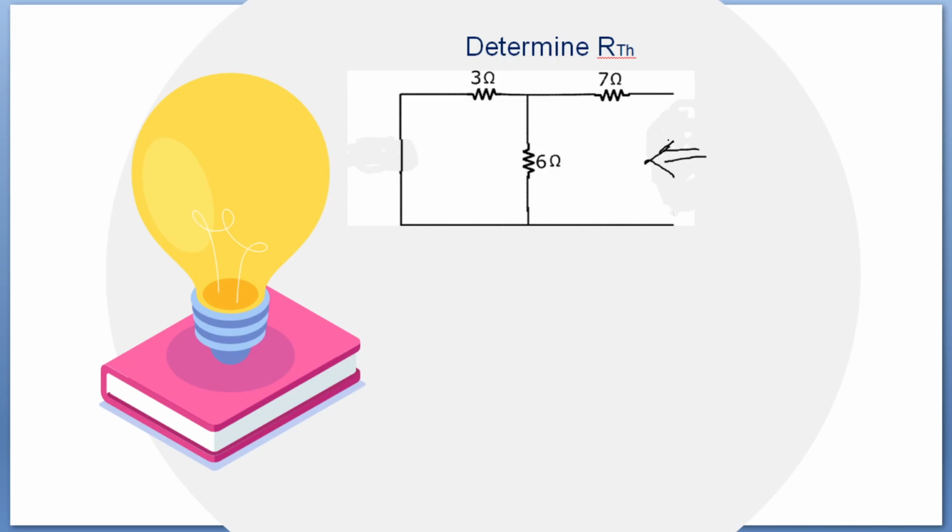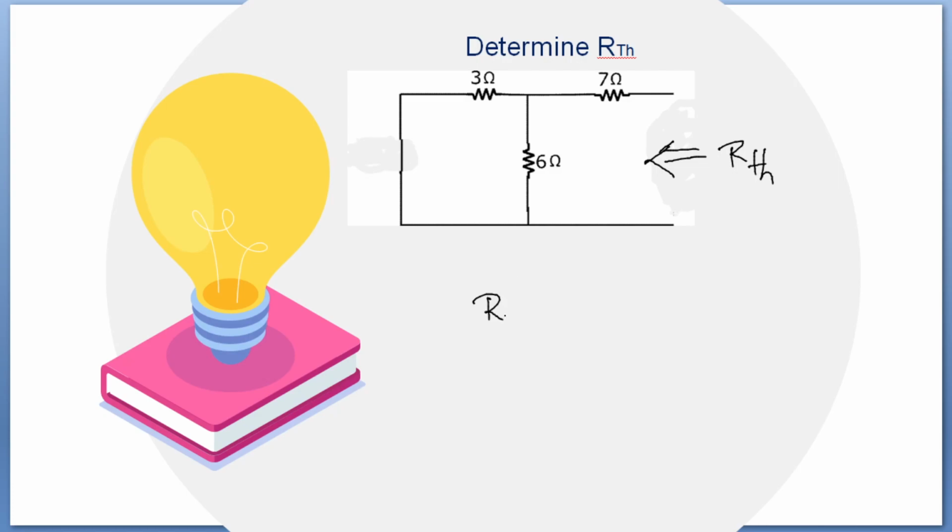And we have to determine the effective resistance looking into the network, which is R Thevenin. Here the 3 ohm and 6 ohm are in parallel, and the 7 ohm is connected in series with this parallel combination.